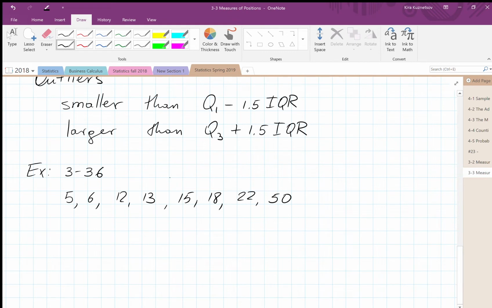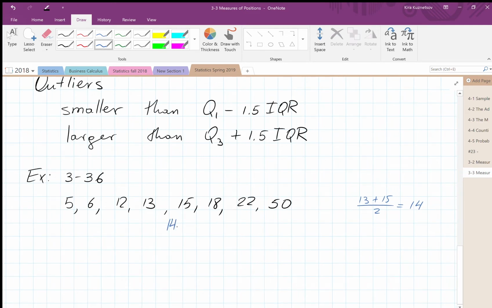So right in the middle is going to be my median. Now, unfortunately, it is not a number. It's between 13 and 15. So what do I do? I find the average between 13 and 15, which happens to be 14. So the 14 is my median.